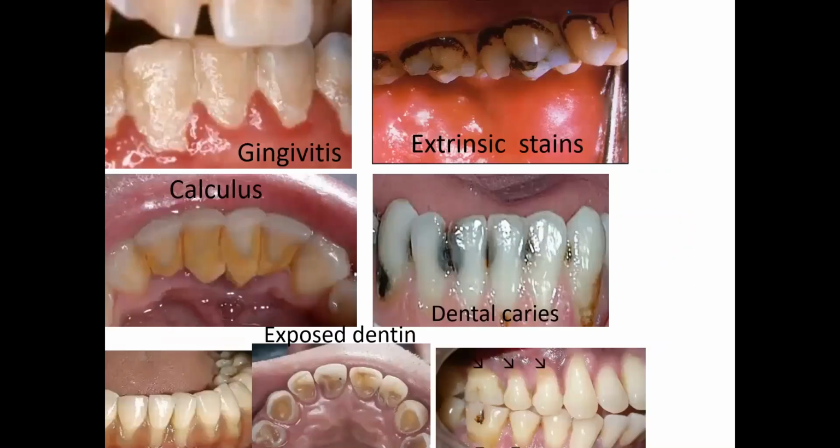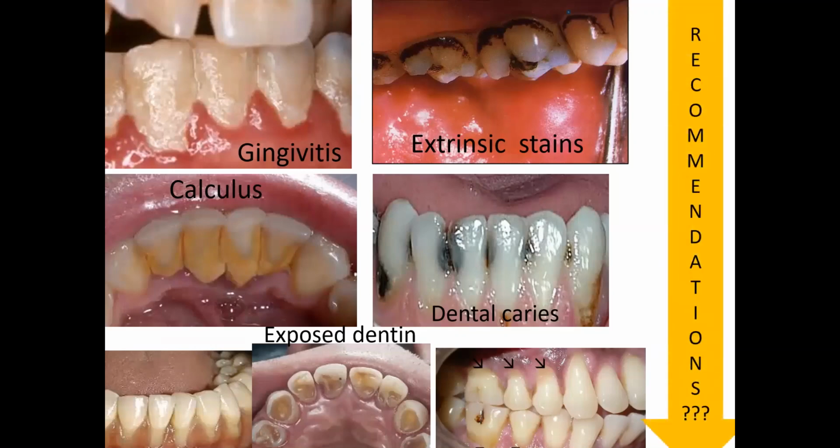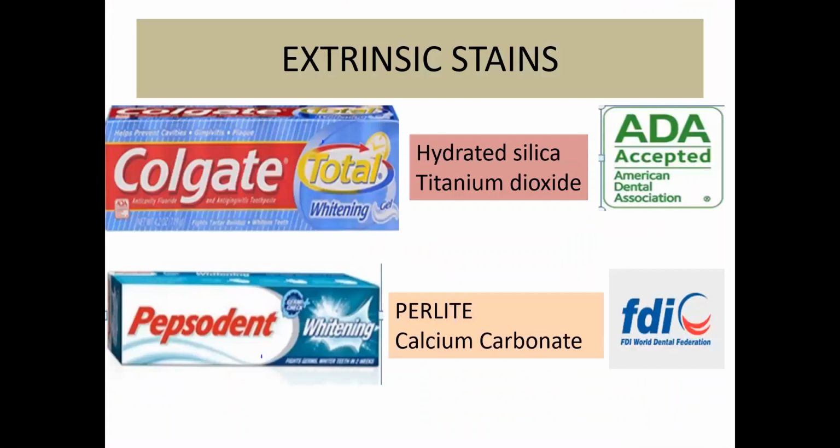So our topic of interest today was, if the patient presents with extrinsic stains, then we are going to prescribe a teeth whitening dentifrice. You can prescribe Colgate Total Whitening or Pepsodent Whitening. Colgate Total is ADA accepted and Pepsodent is FDA accepted.